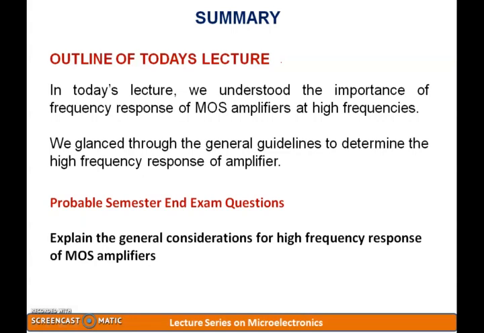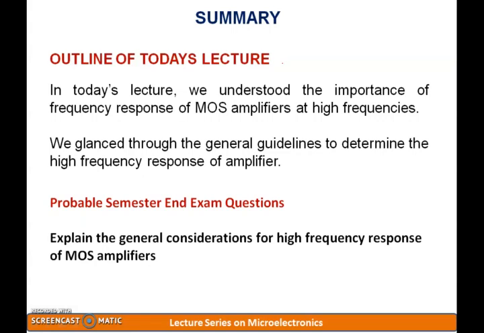So I need to take care of the dominant pole in the entire transfer function, and if I can find the dominant pole, then the frequency of that dominant pole will be the frequency where my amplifier's highest frequency falls.